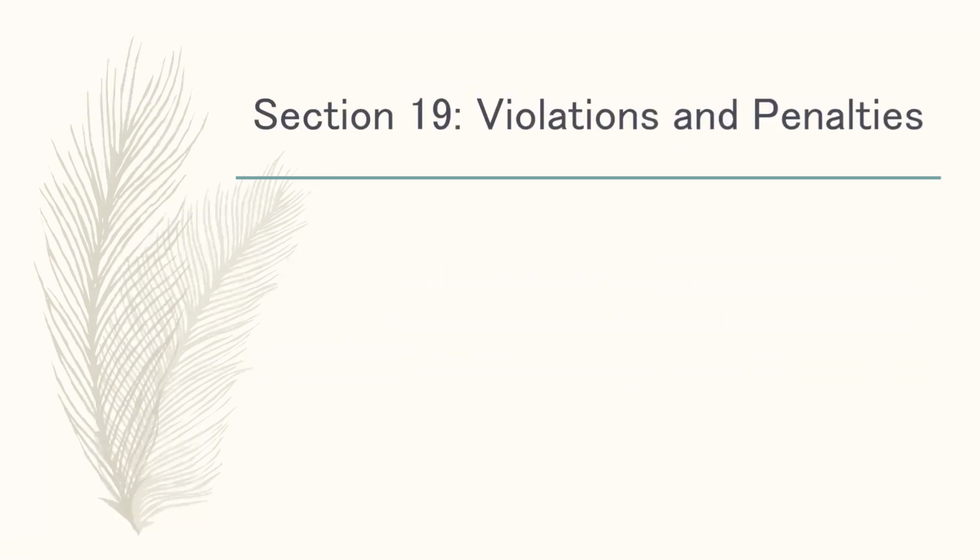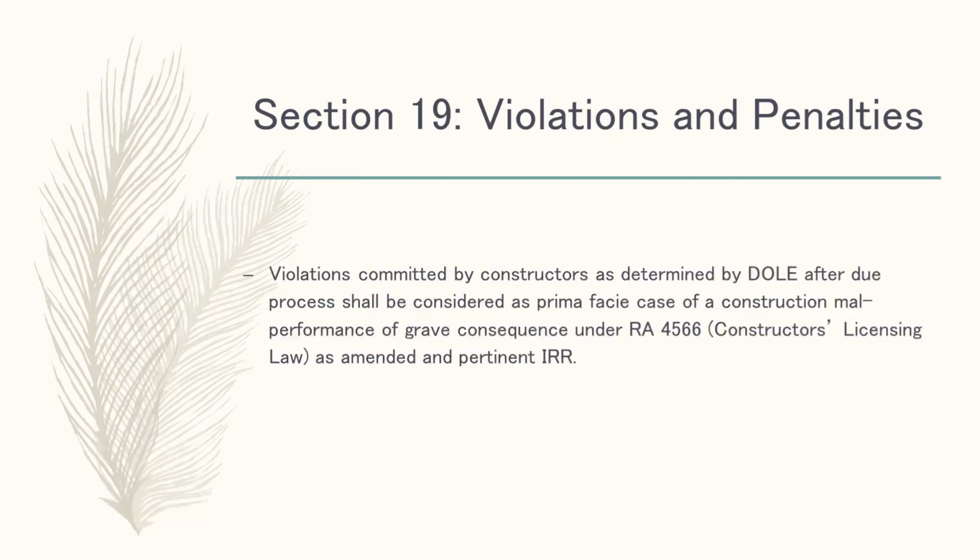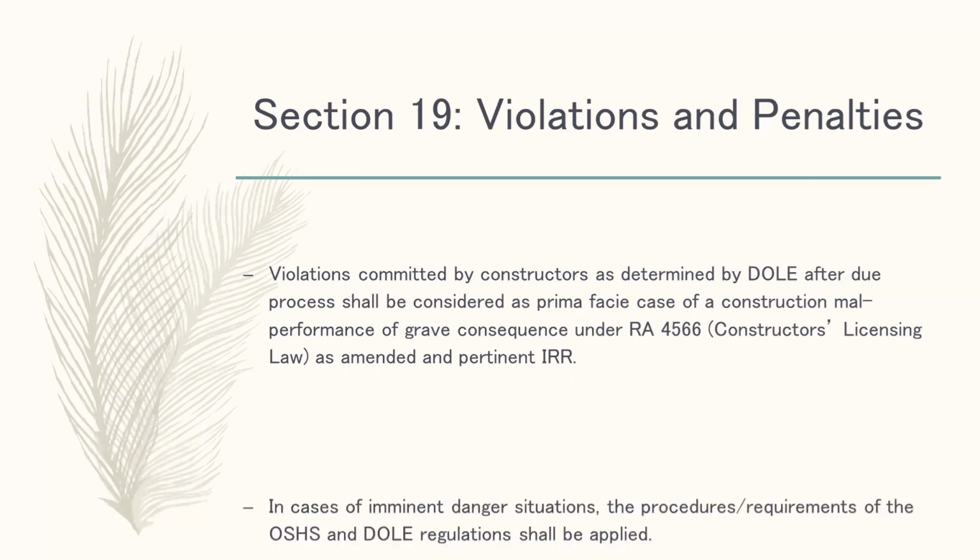Proceeding to Section 19, we have the violations and penalties. Violations committed by constructors as determined by DOLE, or the Department of Labor and Employment here in the Philippines, after due process shall be considered as prima facie case of construction malperformance of grave consequence under RA or Republic Act 4566, the Constructors Licensing Law, as amended, and pertinent IRR.